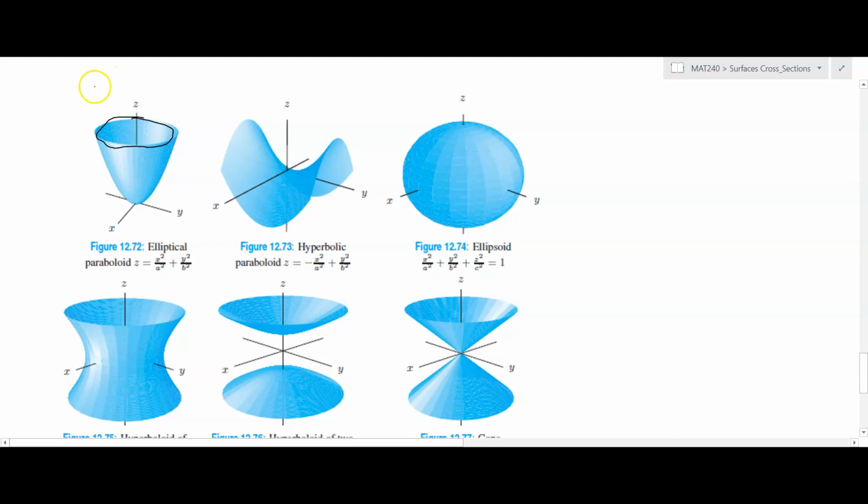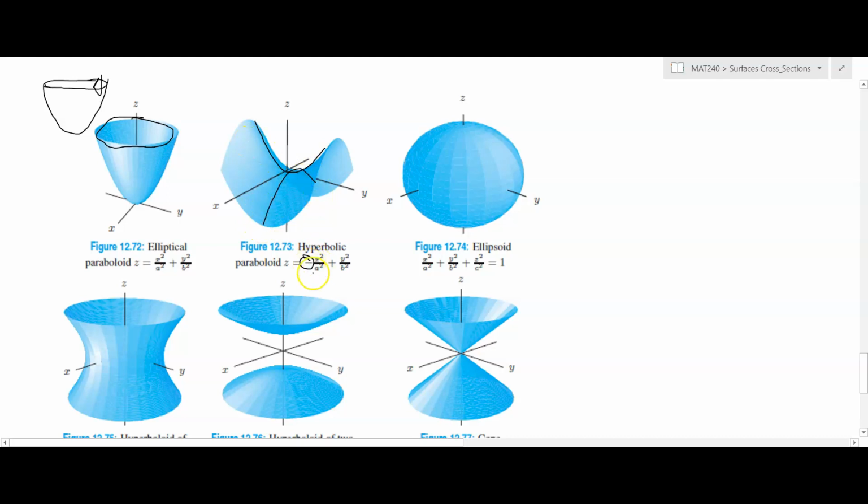There's no reason why I couldn't see a really wide parabola in one direction and a really narrow one in the other direction. You get this hyperbolic function. Notice that this has a negative here, and that was the one where we saw something that looked kind of like a saddle.